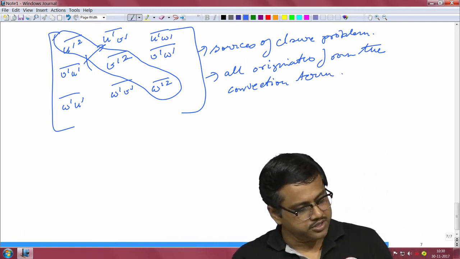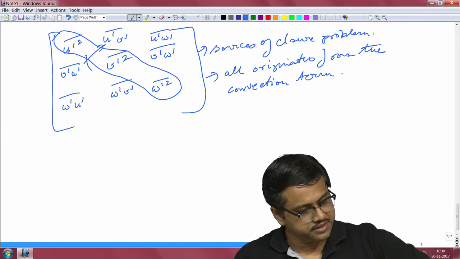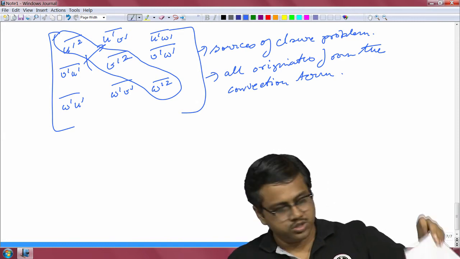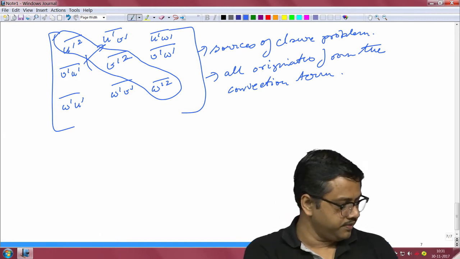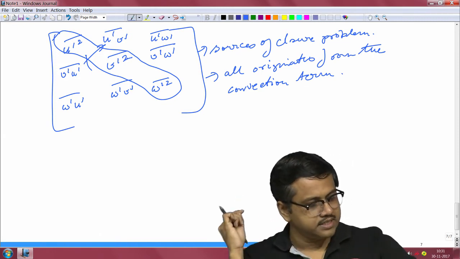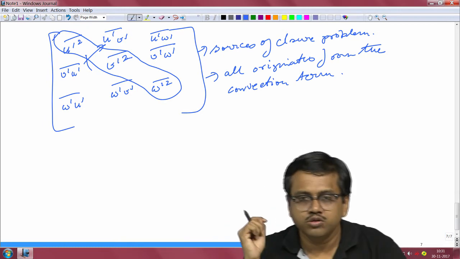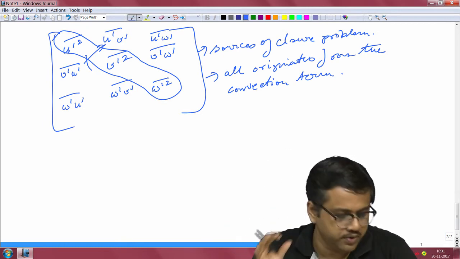All has got their origin from the convection term, right. Okay. So, this poses one of the key problems, that how to solve for these quantities.